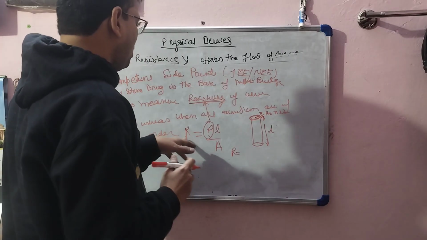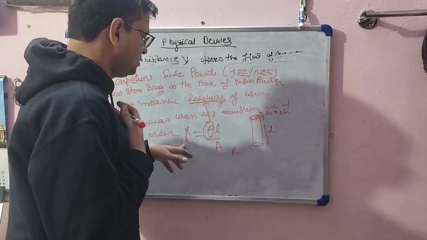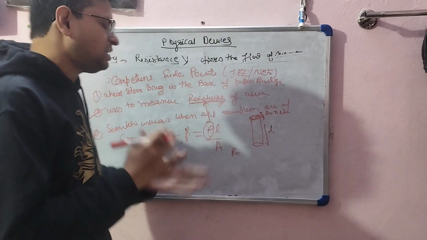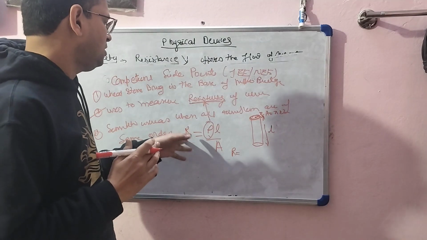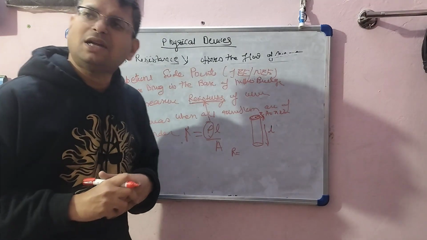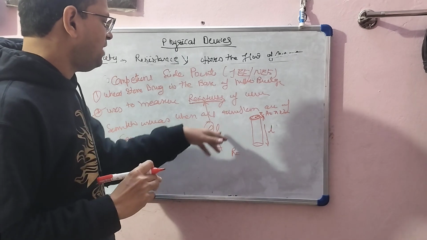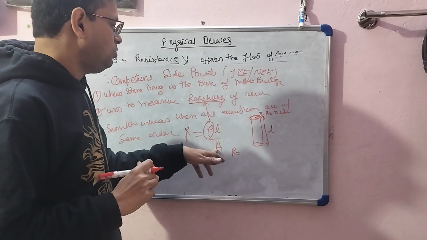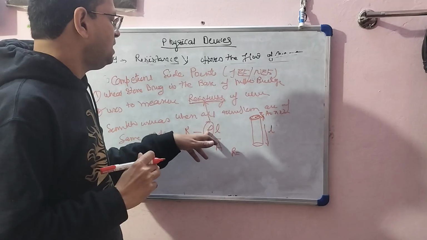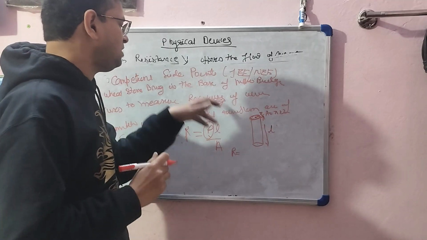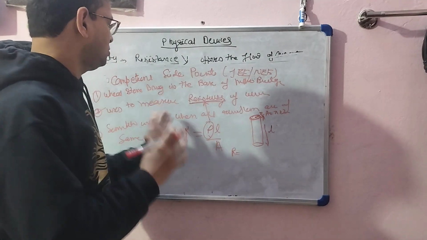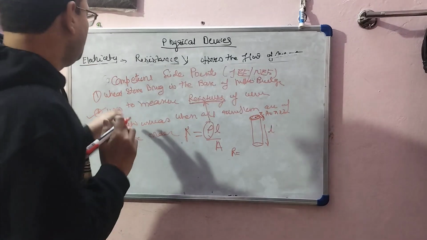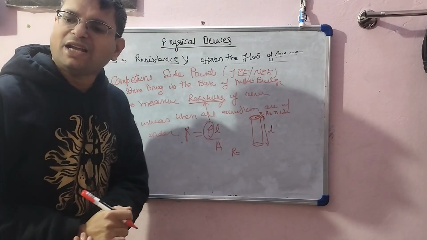If we know the radius, we can measure the resistance of the material by Wheatstone Bridge as the unknown resistance, and the values of L and A are known, so we can accurately measure the resistivity of the substance. So Wheatstone Bridge is used to measure resistivity of wire.